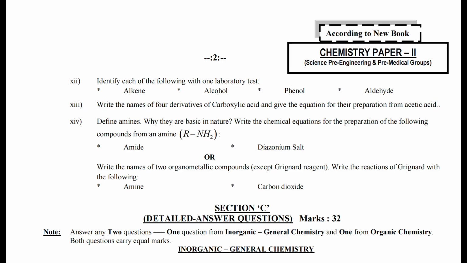Keep in mind that from short question answers, the total short question answers that you have to attempt is 9. 4 from the inorganic out of 7 and 5 from the organic out of 7. So in inorganic you get a choice of 3 questions, and for organic you get a choice of 2 questions.